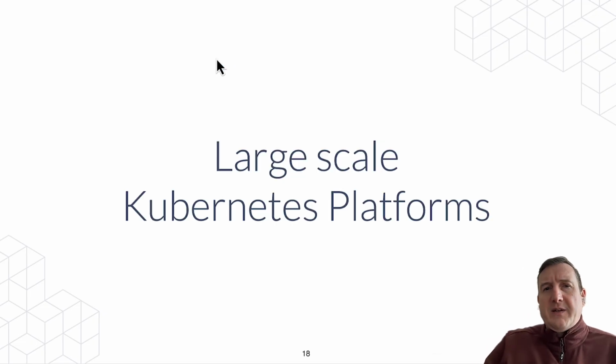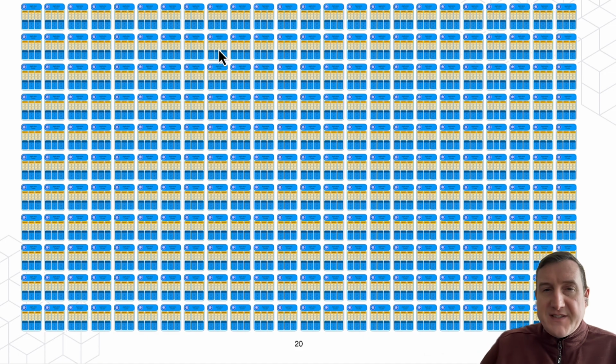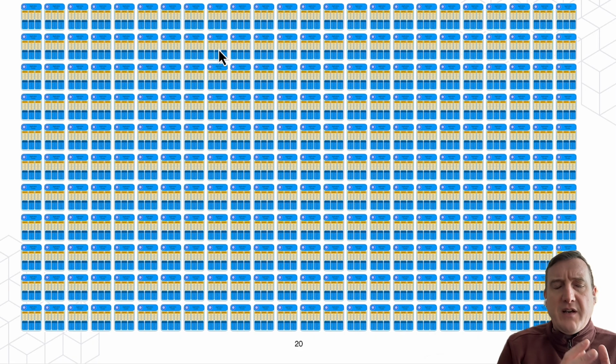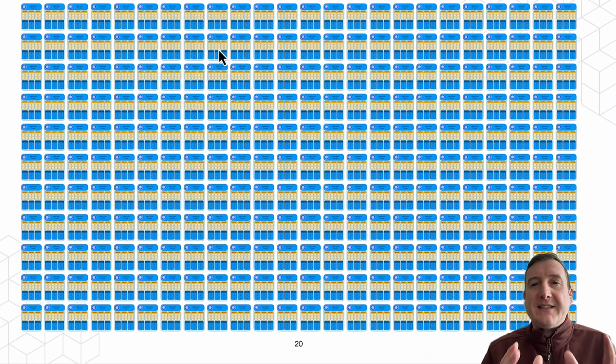However, for large-scale Kubernetes platforms, organizations that are more likely to have dozens or hundreds of Kubernetes clusters, that pattern doesn't really scale well because of operational efficiencies, but also you need to scale the skills necessary to do data service automation in each Kubernetes cluster. So even with automation, it's not impossible, but it's getting harder.